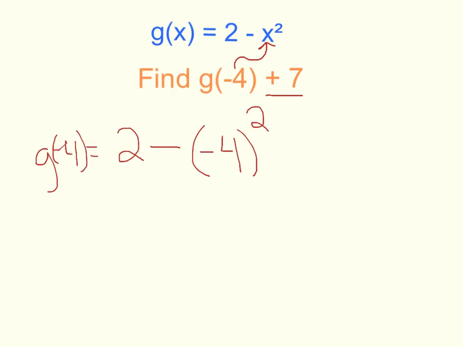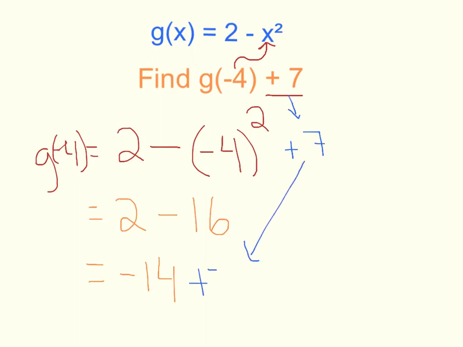So negative 4 squared is a positive 16. So 2 minus 16 is negative 14. But then we have to add 7 at the end. So negative 14 plus 7 is negative 7.